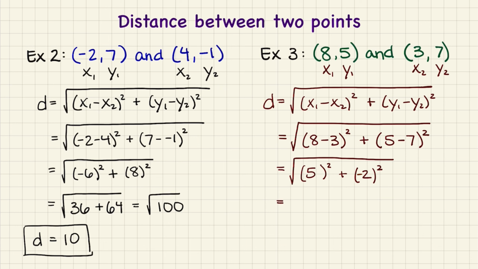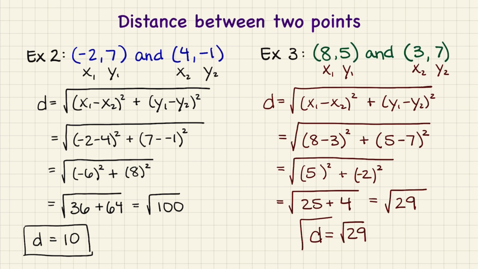So that equals the square root of 5 squared is 25 plus 2 squared is 4, which equals the square root of 25 plus 4 is 29. So D equals the square root of 29.